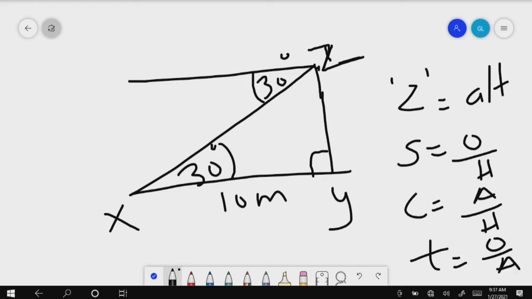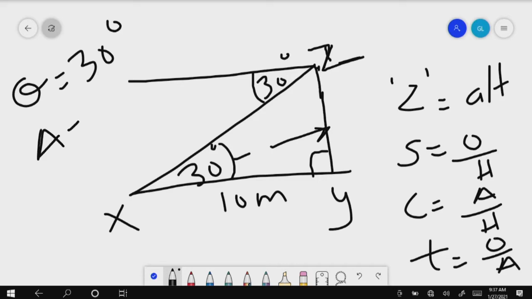We need the length ZY, or YZ. We were given an angle which is 30 degrees, the adjacent side, which is 10 meters, and we need the opposite side, which is unknown.